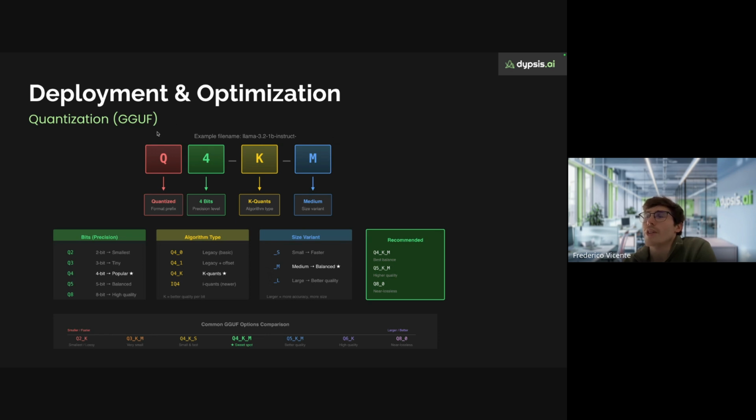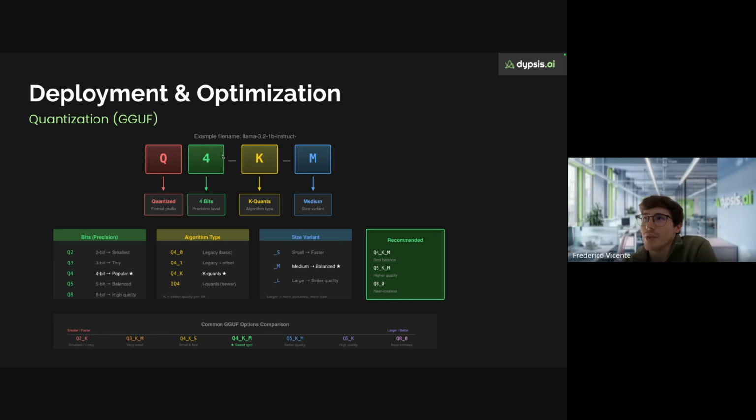Normally, when you find any LLM or machine learning model, the file name gives you some information about the model, such as the number of parameters, and these GGUF files also provide, through the file name, information about what quantization precision was used, and what method was used to produce this quantization.